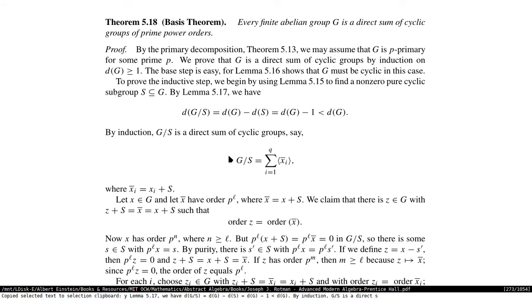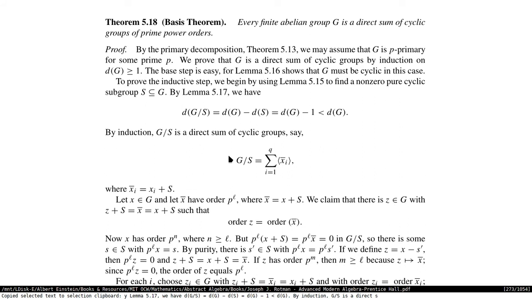And if we have z equal to x minus s prime, then p to the l of z is equal to 0, and z plus s is equal to x plus s.